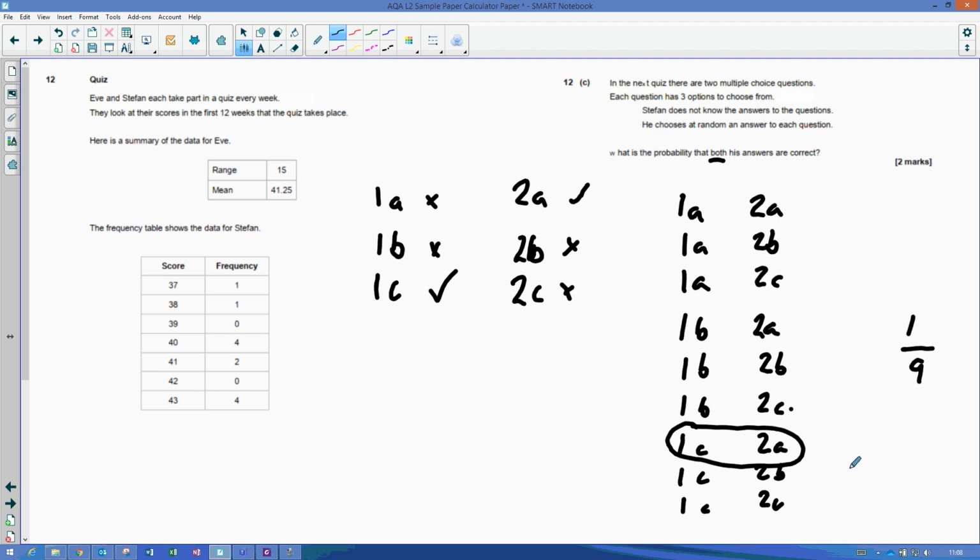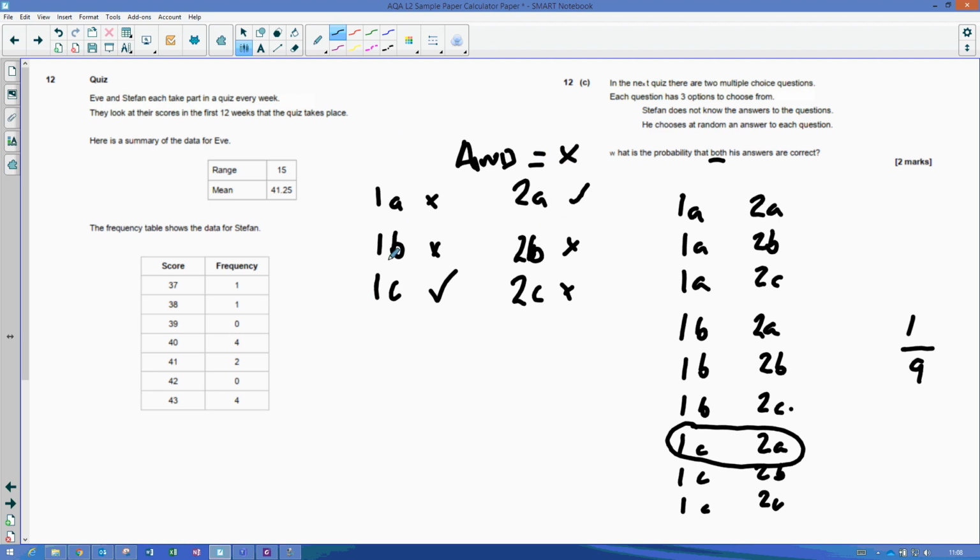That's a correct answer. You would probably get full marks for doing that, but you've got to do a lot of work to get there. So as promised, how do we do it the quick way? Well, whenever you've got a probability where you need 2 things to happen, where you need question 1 right and question 2 right, in probability an and is a multiply.